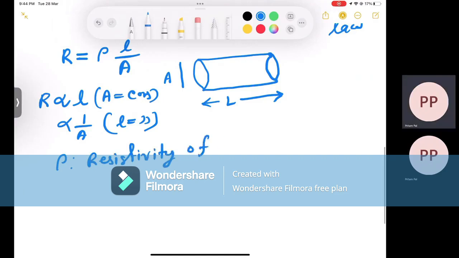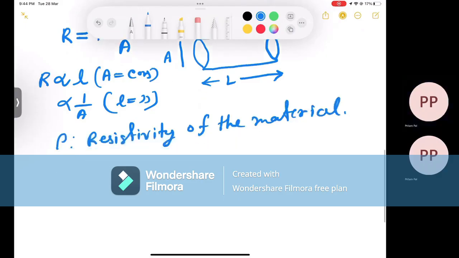Resistivity of the material basically depends on the material, but it's also a function of temperature. At a fixed temperature, we have a constant resistivity in the circuit.